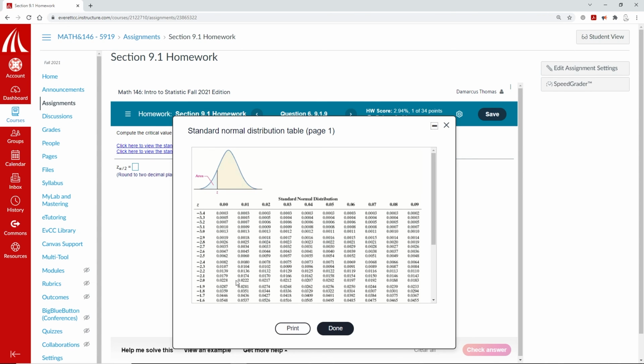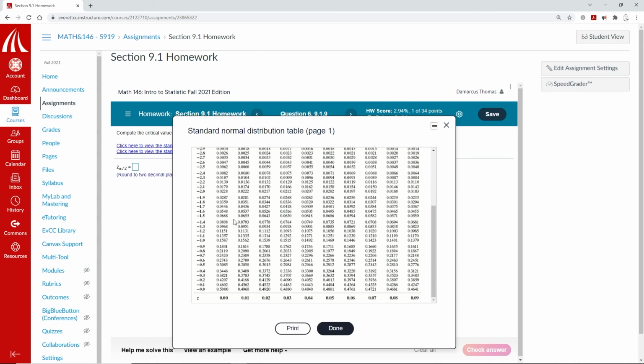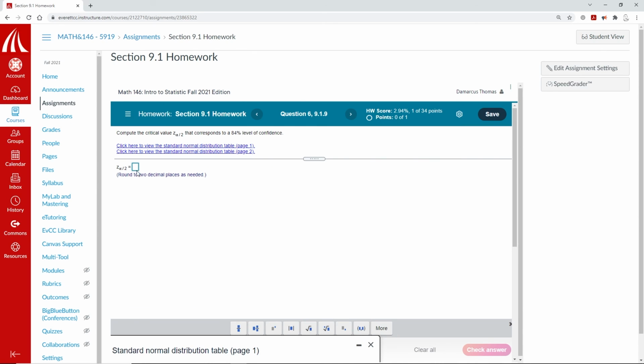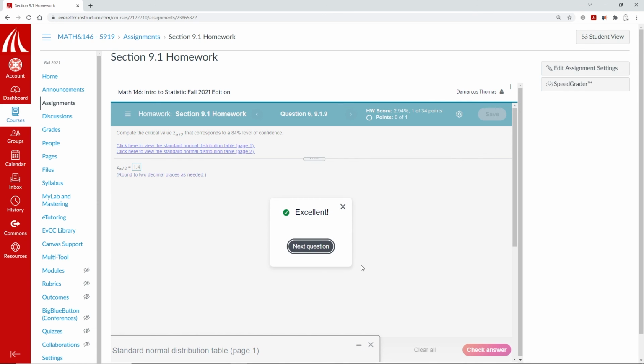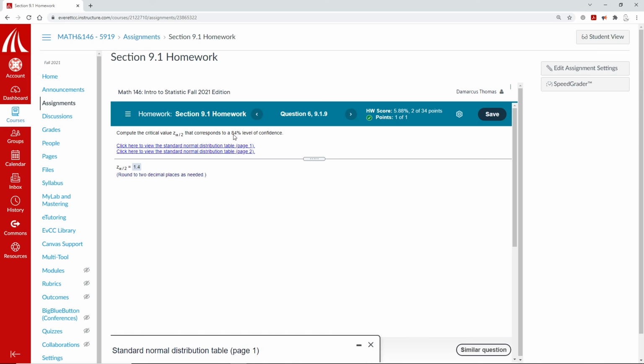And so we're basically looking for 8%, and then we're just going to make it positive. So 8% is like negative 1.4. So I would put 1.4. That's what I'm getting. Let's see if it likes that. Okay. Yeah.